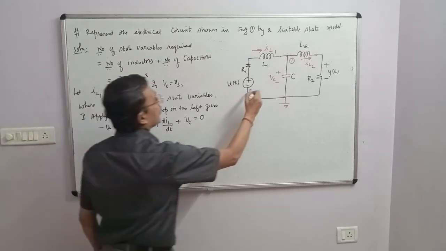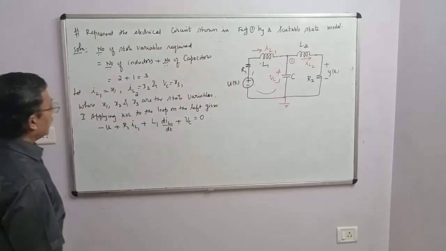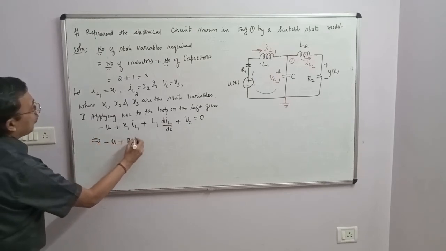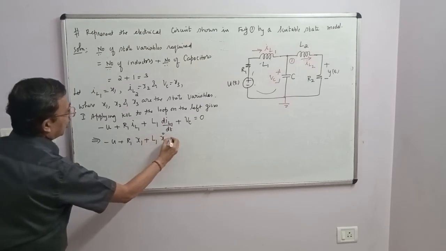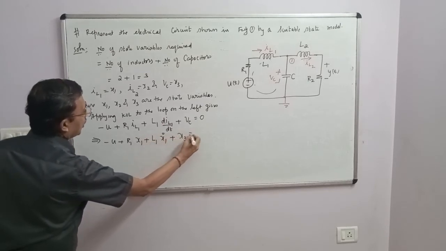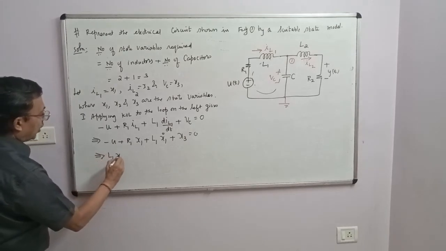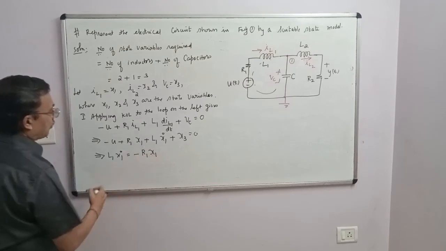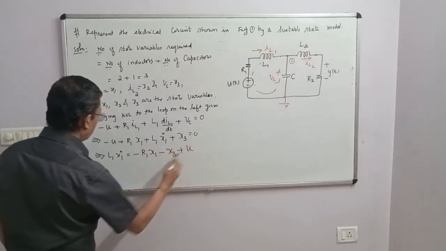In this loop, there are 4 elements. This implies minus U plus R1, IL1 is x1, dIL1 by dt means x1 dot, VC is x3, equal to 0. This implies L1 into x1 dot is equal to minus R1 into x1 minus x3 plus U.